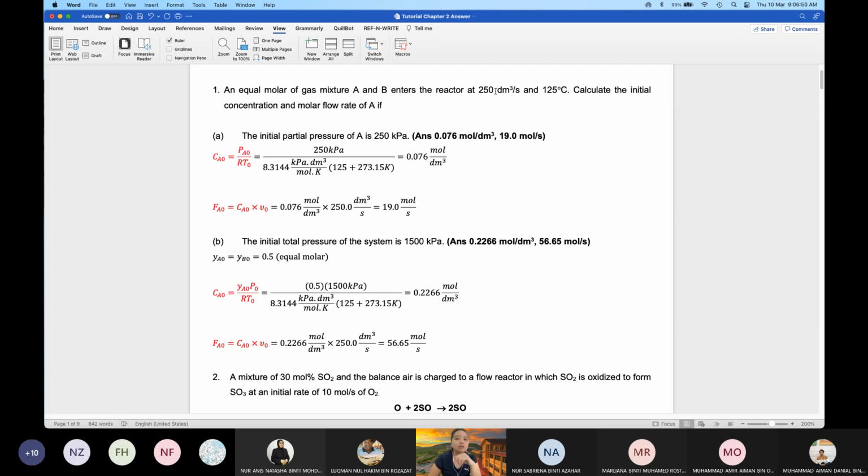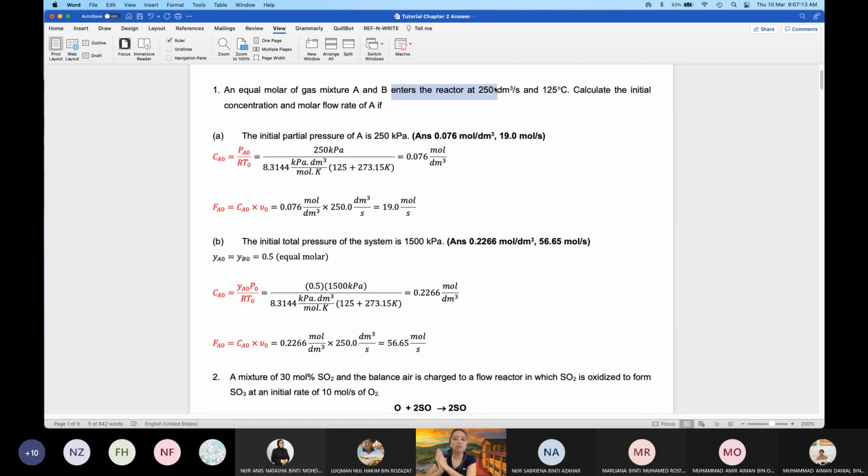But you do understand that volumetric flow rate has an initial and a final volumetric flow rate. Since they say enter the reactor, this is the initial volumetric flow rate. So it's epsilon naught, 250.